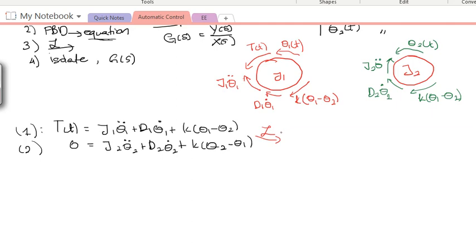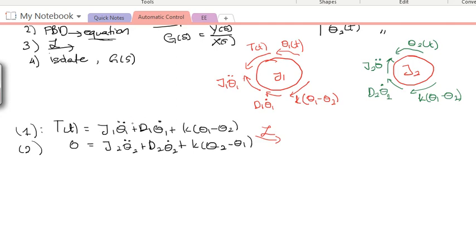I think we've seen the explanation before. If we would like to isolate the output, which is theta, from the input T, what happens in this equation is you have different forms of theta: theta in its simple form theta(t), but also first and second derivative forms.